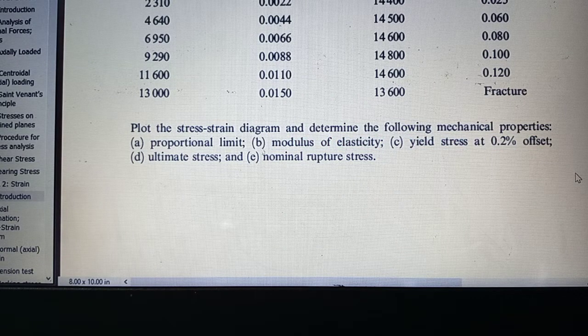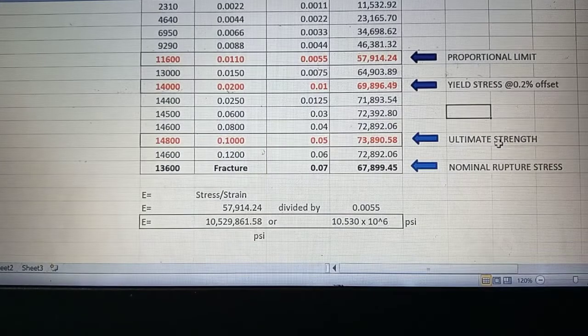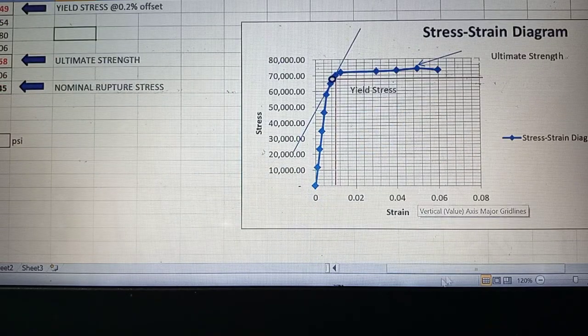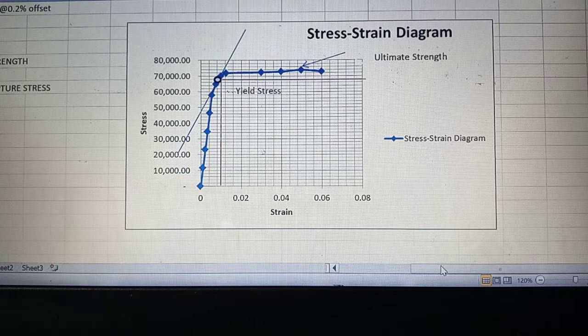When computing the yield stress, we need to look upon the diagram. Just a reminder that finding the yield stress along the stress strain diagram is just an approximation.